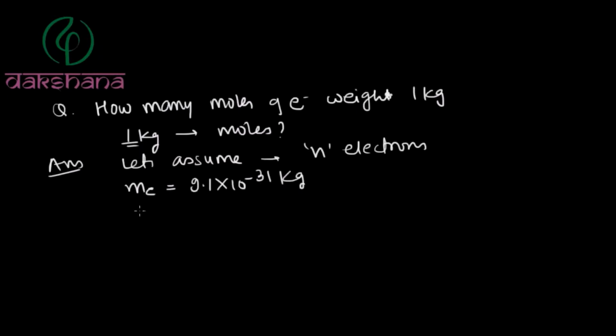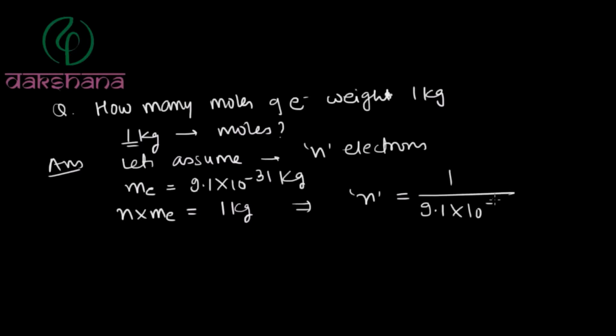So this will give me that n into Me will be equal to 1 kg. From this equation I can write n is equal to 1 by 9.1 into 10 to the power minus 31.